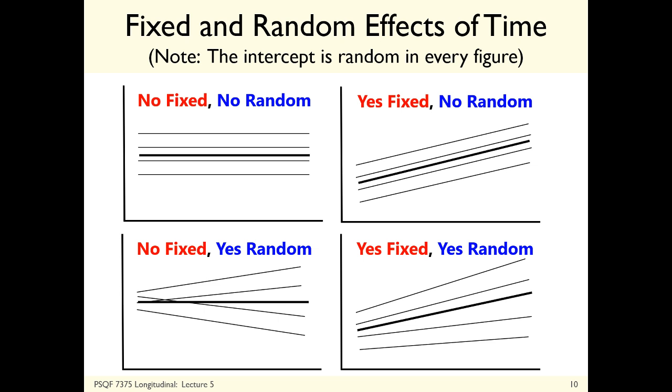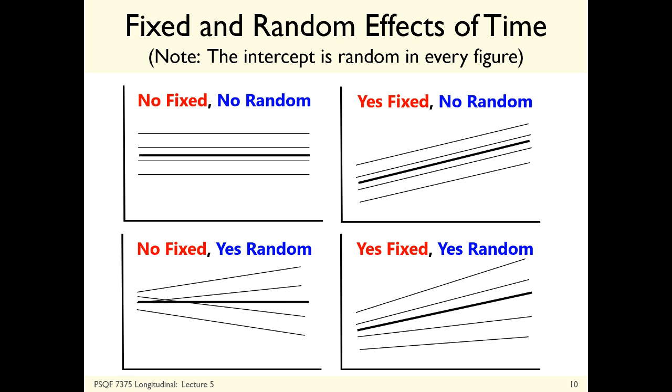The black line here, the heavy line, shows people are growing, but everybody's growing at the same rate. These are the only 2 pictures in which a random-intercept-only model would be sufficient. These are the only 2 pictures in which repeated measures ANOVA would be fine, in which compound symmetry holds. The variance stays the same across time if everybody changes the same.